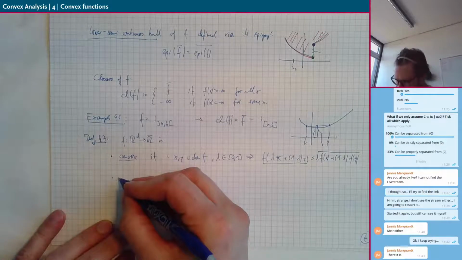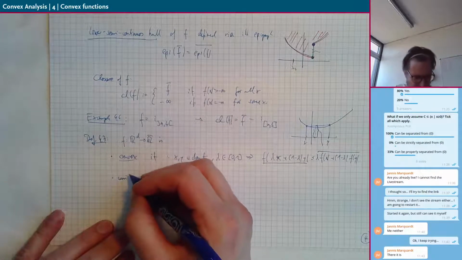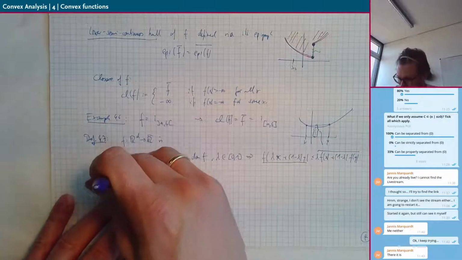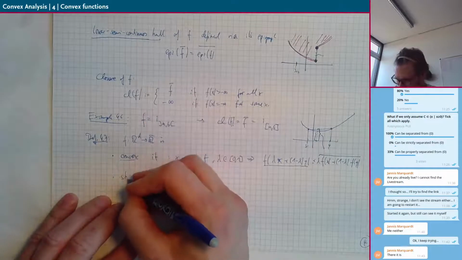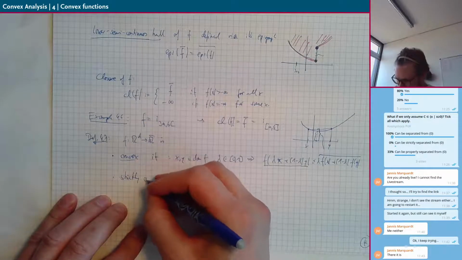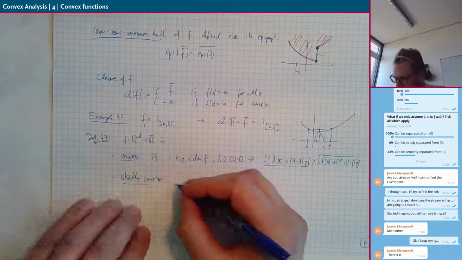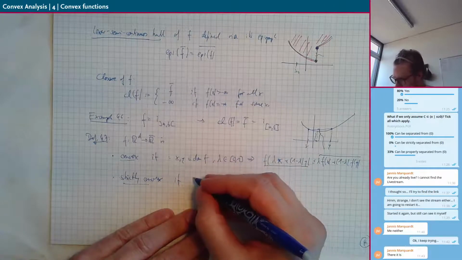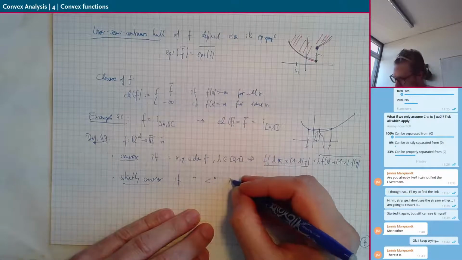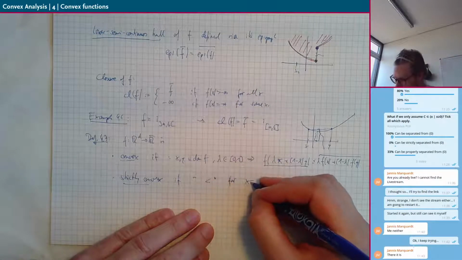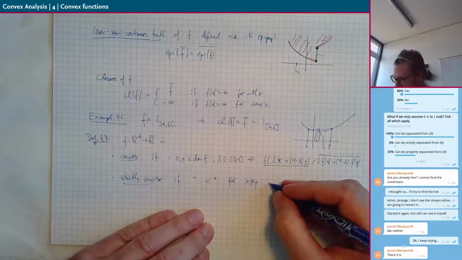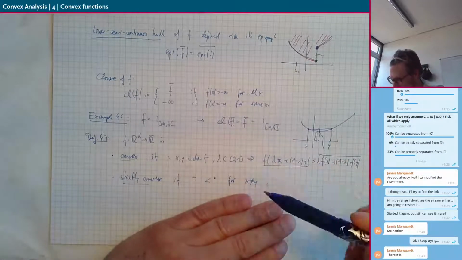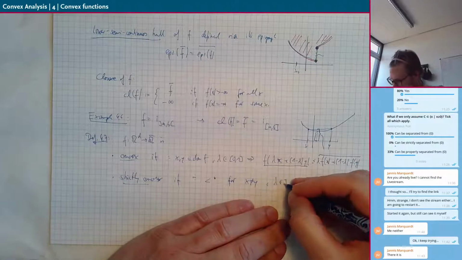A few strengthenings. There's a notion called strictly convex. Strictly convex if you always have strict inequality whenever x is not y and lambda is in the open interval.